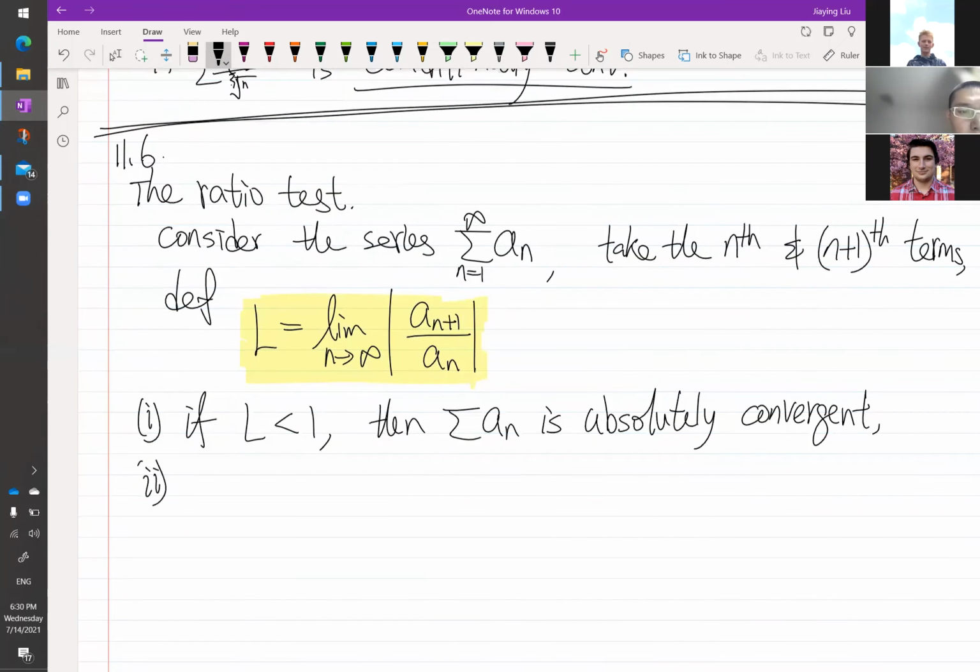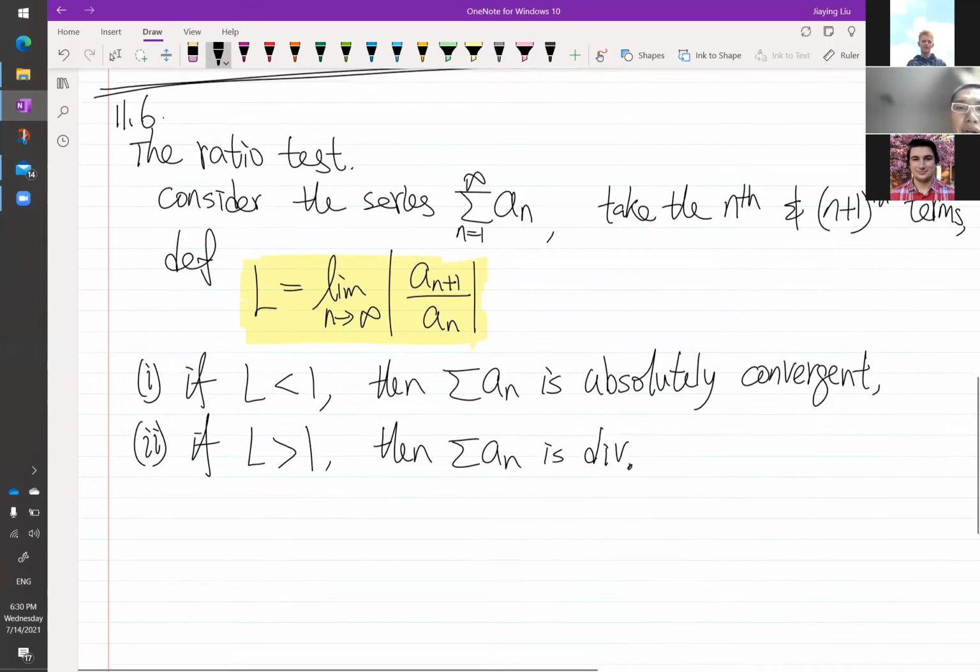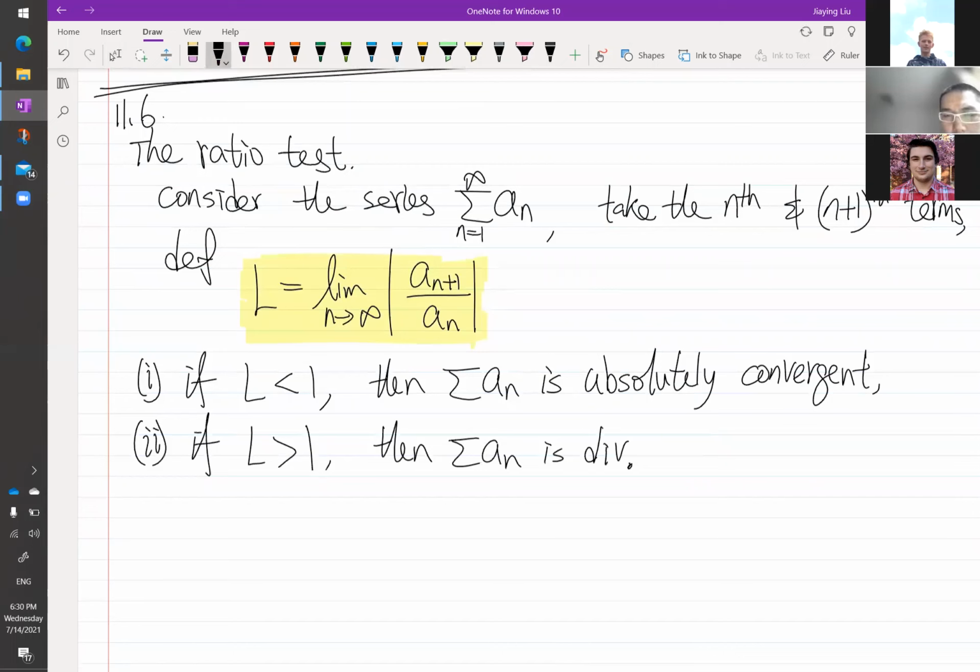And 2, if L is greater than 1, then the series an is divergent. I should also point out that if the series is absolutely convergent, it's also convergent. It's not conditionally convergent, it's just convergent.